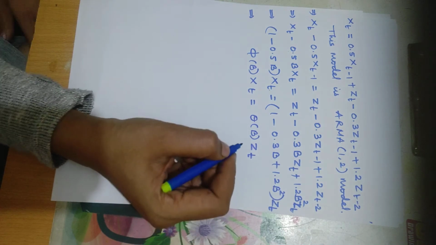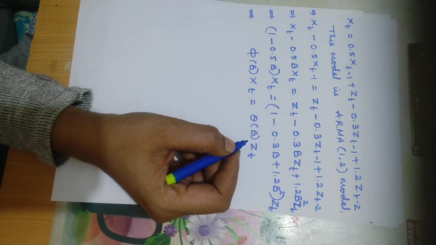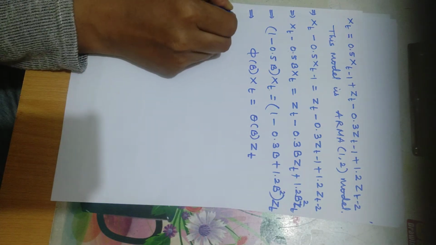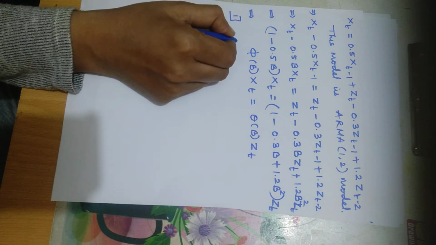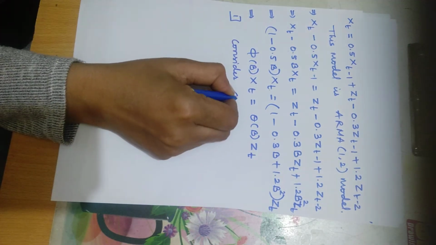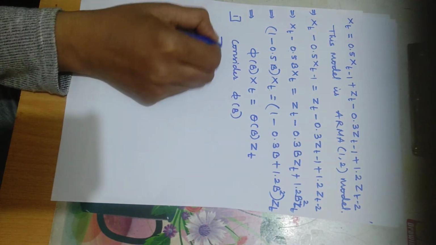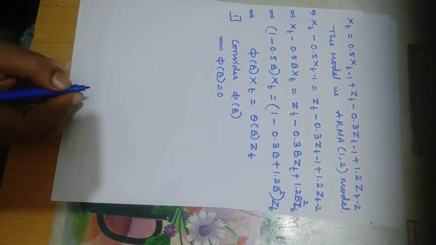So now using this, we have to check whether the given model is stationary or invertible, or both, right? So to check stationarity, first we will consider the polynomial phi of b and equate it to 0. Let us take phi of b is equal to 0.